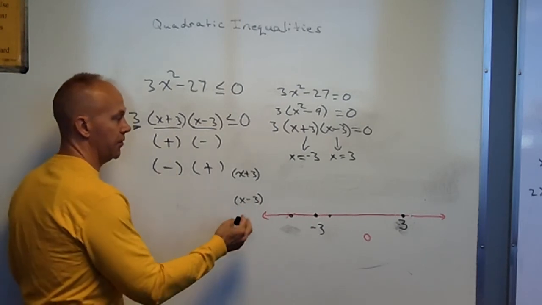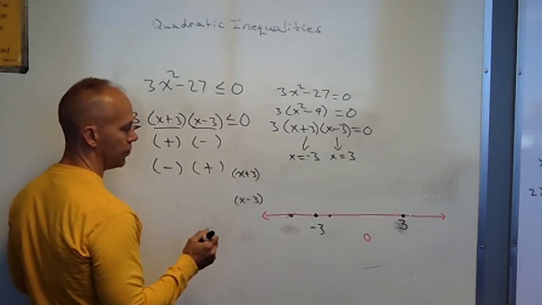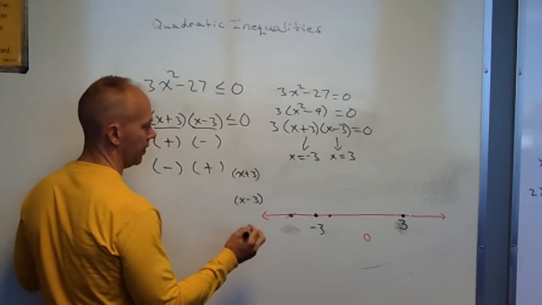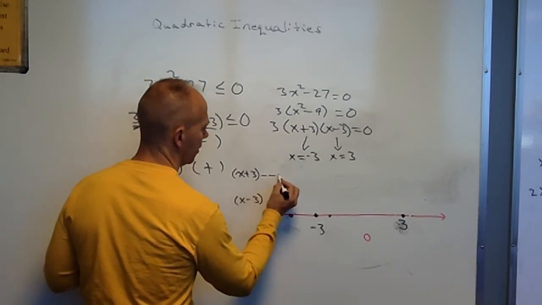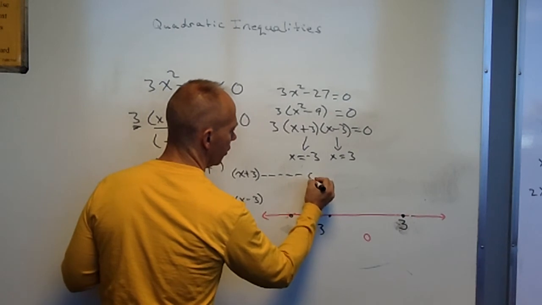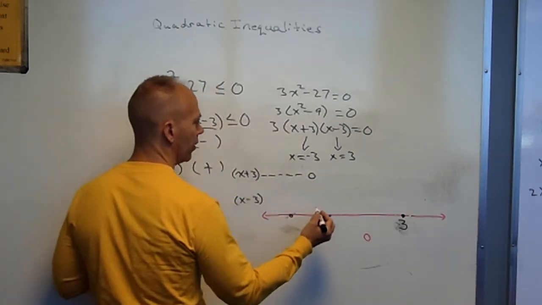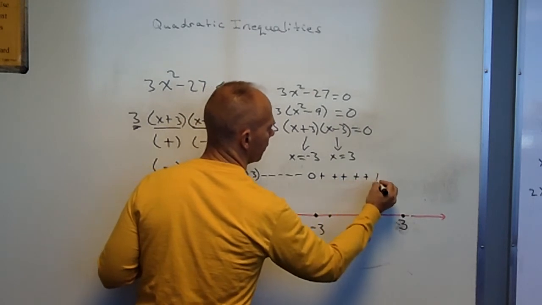Again, I'm going to examine these factors on the number line. Looking at x plus 3, when is it positive and negative? Picking out values to the left of negative 3, I'm plugging in negatives, I'm getting negative, negative, negative. At negative 3, it turns to 0. And after negative 3, that factor becomes positive.